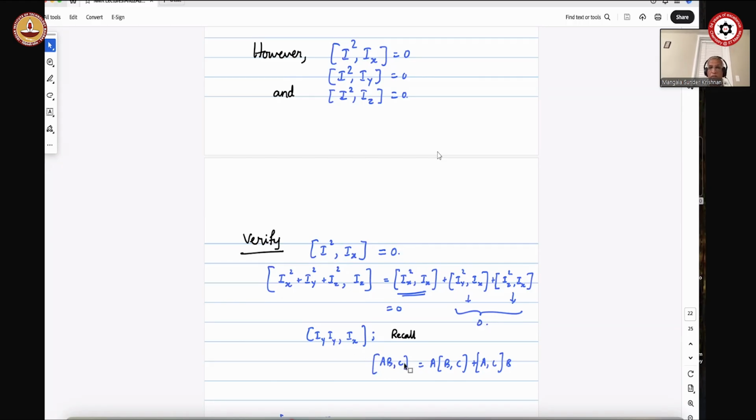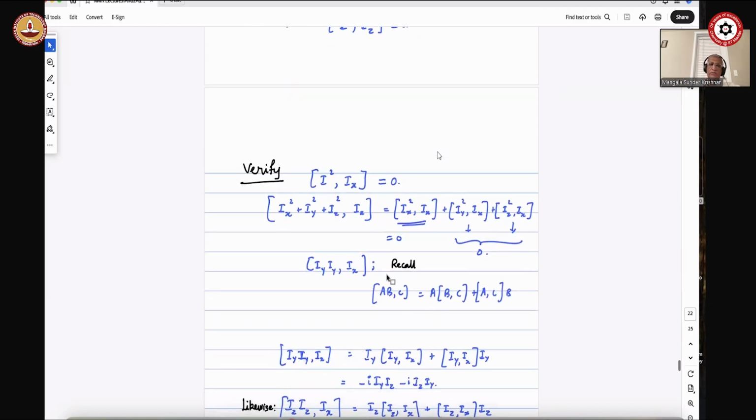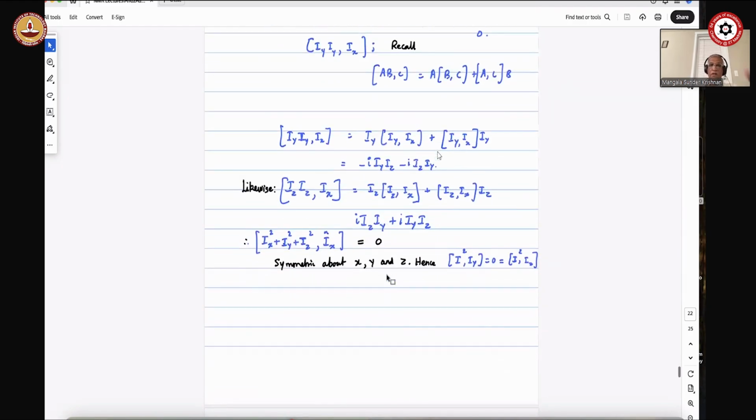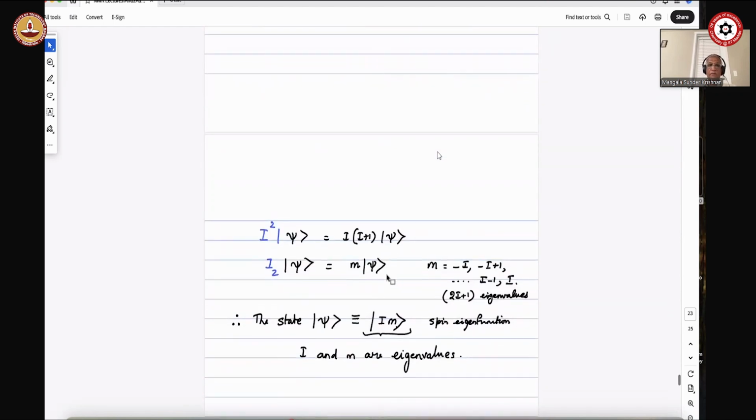The commutator of the product AB with C is A times the commutator of B, C plus the commutator of A, C times B. These things can be verified. So if you use this relation here, you will see that I squared comma Ix is 0, I squared comma Iy is 0, I squared comma Iz is 0. So there is a lot of these things that you can verify.